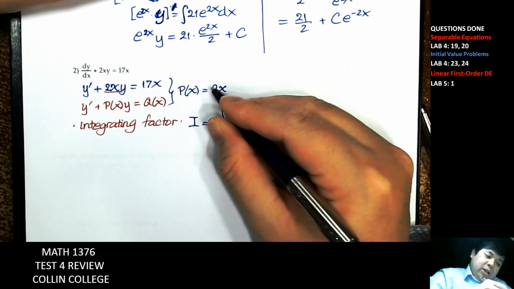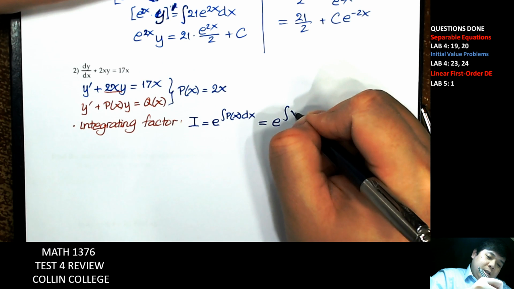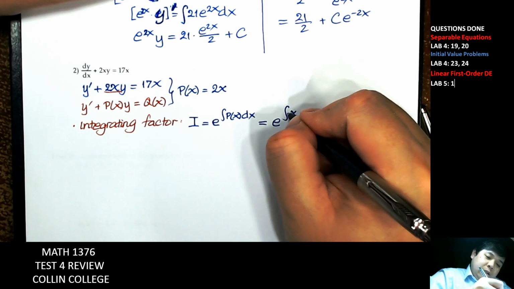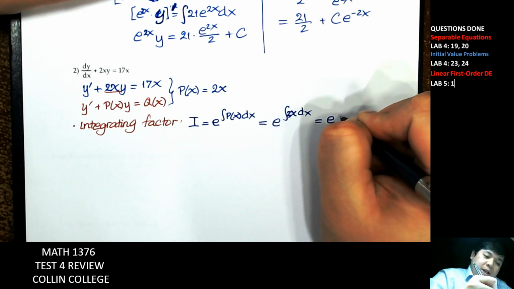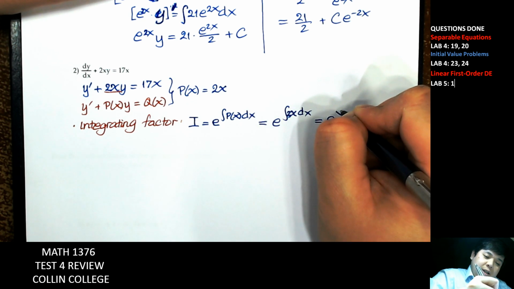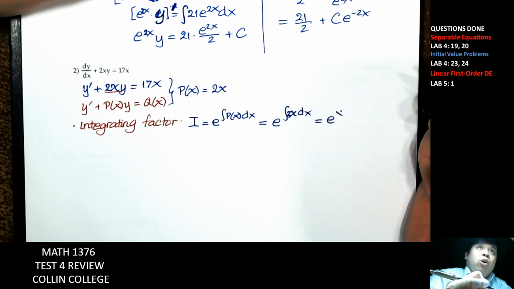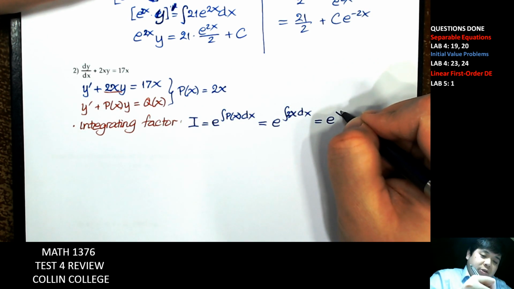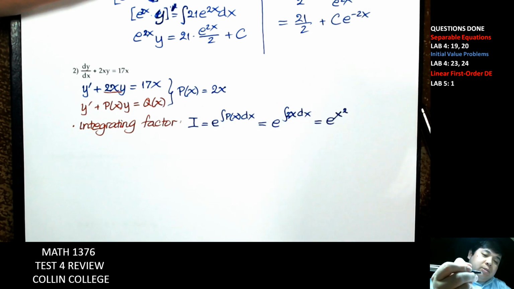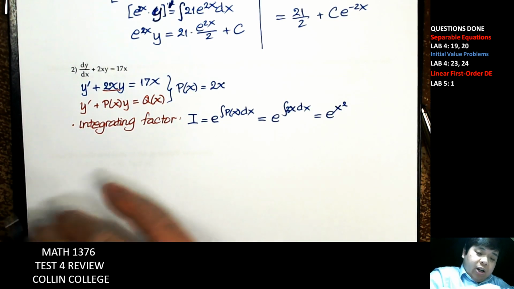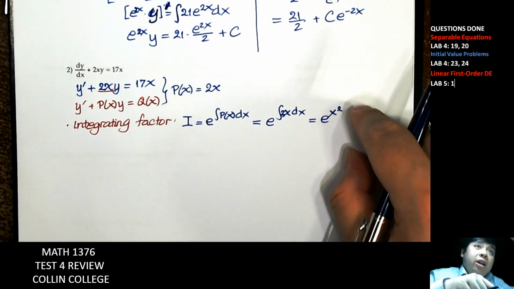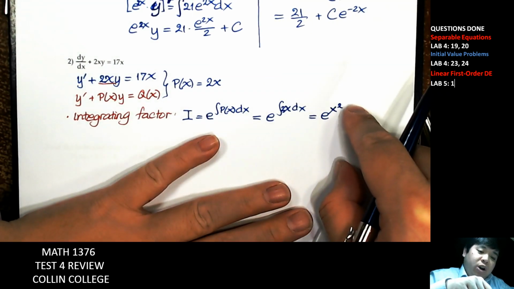The integral of 2x is 2x squared over 2, which would be just x squared, so the integrating factor is e to the x squared. Notice we solved earlier that for e to the x squared, we do not need a constant.